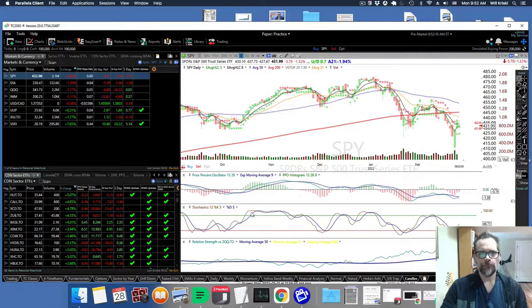So I've also got stochastics for oversold and overbought kind of section. Relative strength, I compare it to the Nasdaq, so you can see here that S&P was doing better than the Nasdaq for a couple of months or so.